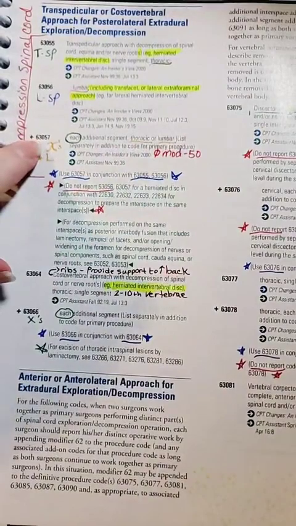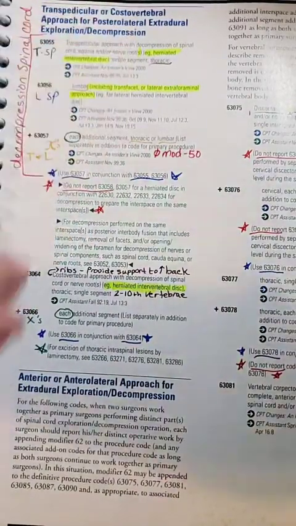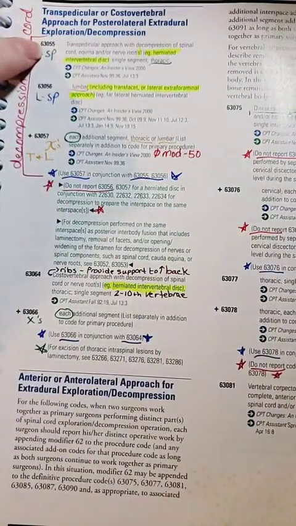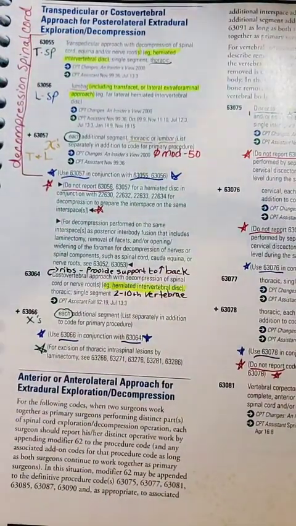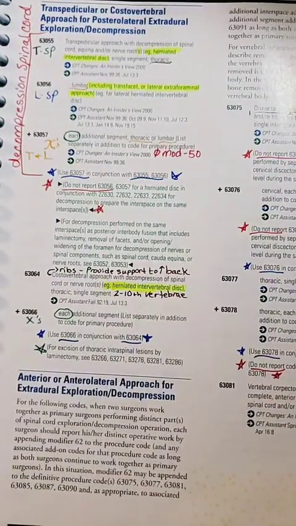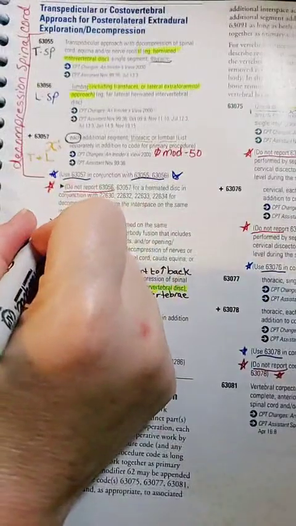All the plus codes are the ones where you see the answers that are times 2, times 3, times 4. These you would add modifiers to, like 50, to say you did multiple of something, if you ever needed to, but the times ones are just the times. They're the only ones you do times 2.